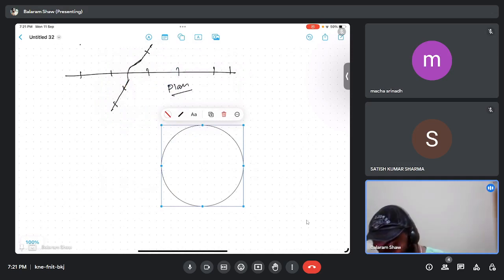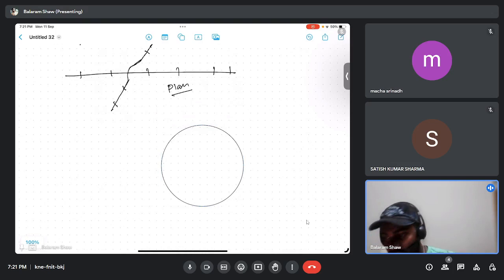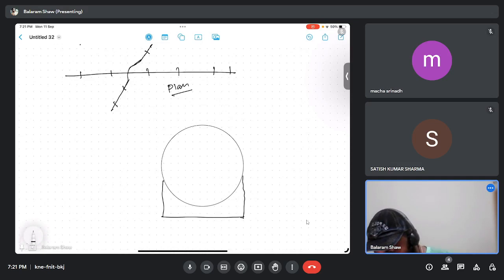okay, let us say this is the cross section for the pipe. In this, what kind of forces will be there? Let us say we have one structure here to keep the pipe. There will be soil friction here. Then what other forces will be there?